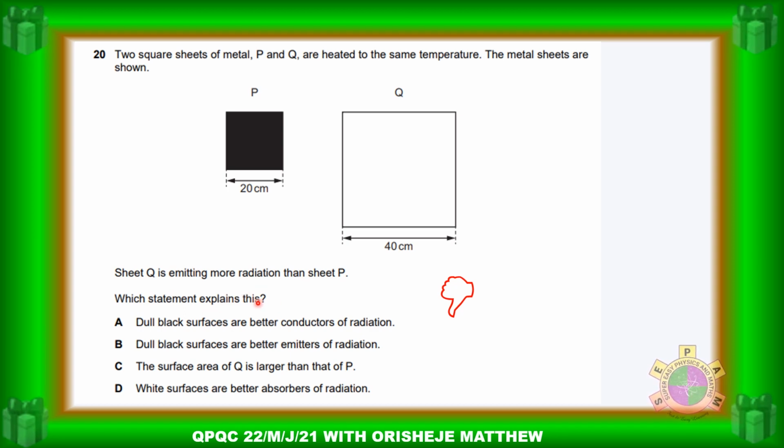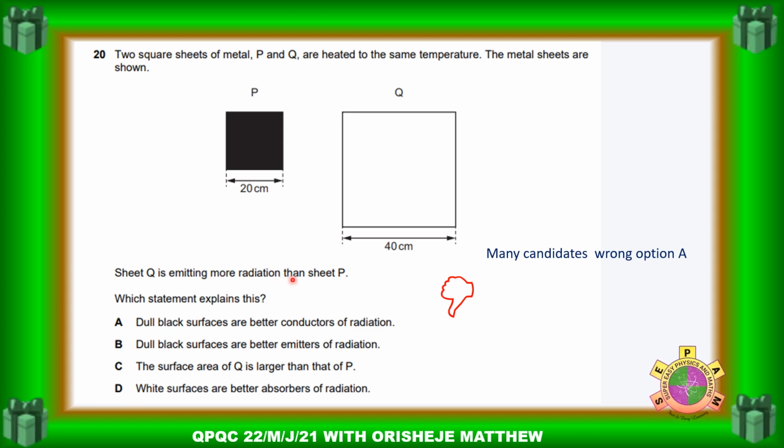Which statement explains this? Many students pick option A: dull black surfaces are better emitters of radiation. That is correct, but not given this condition.